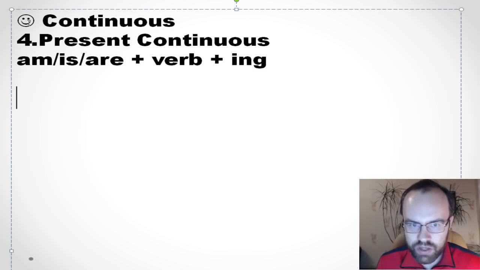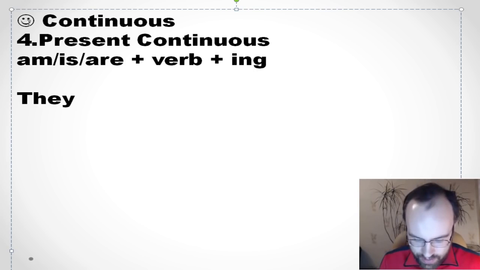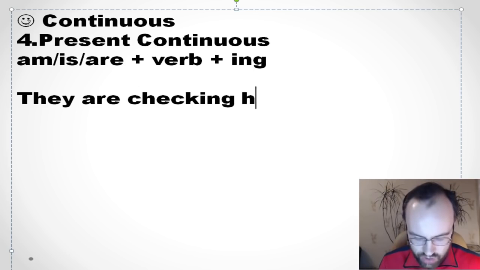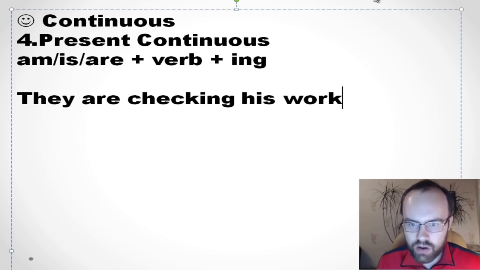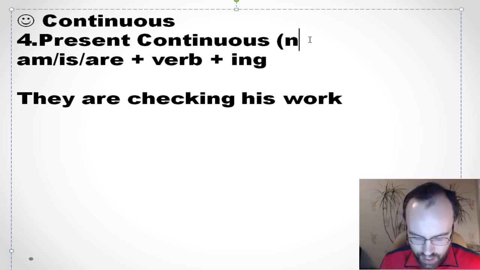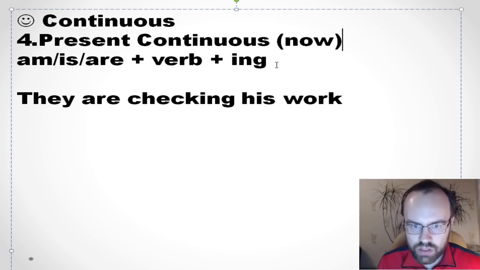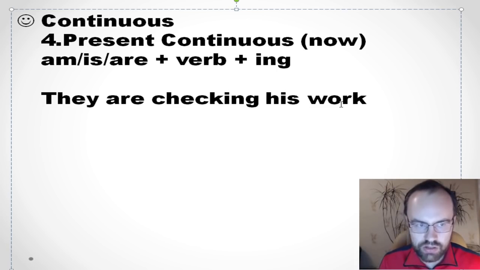So I am, he, she, it is, we, you, they are. You can say they are checking his work, and it means that it's happening now, at the moment. Very good.